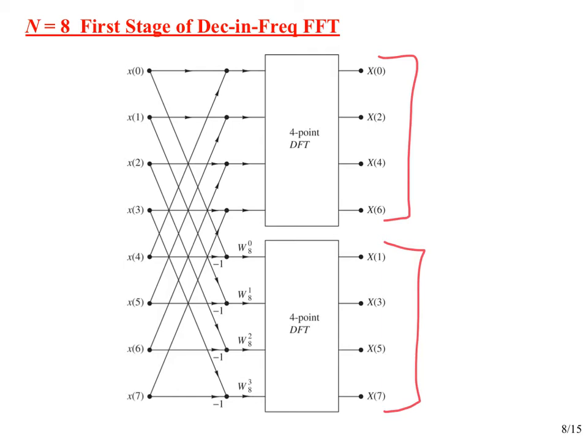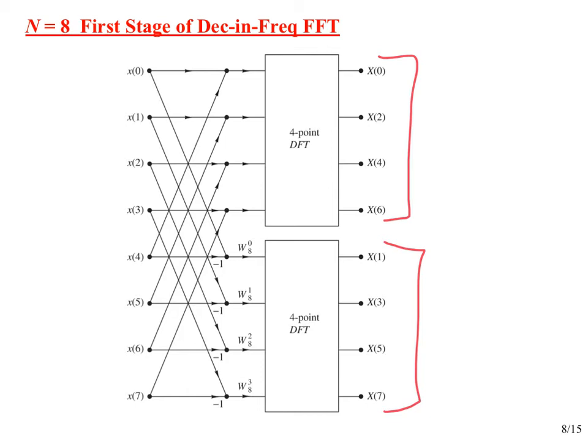So we could actually derive this in an ad hoc way by saying, all right, let's think about computing only the even indexed outputs and figure out what that looks like. And then what do we have to do to compute only the odd indexed outputs?